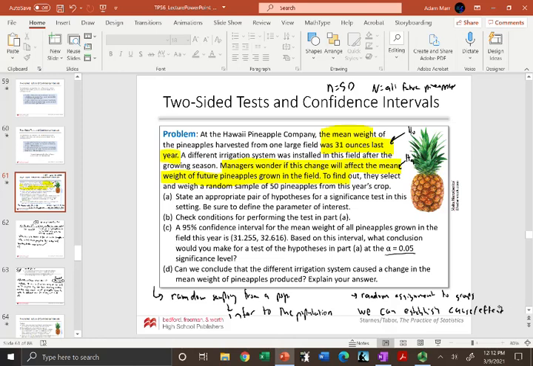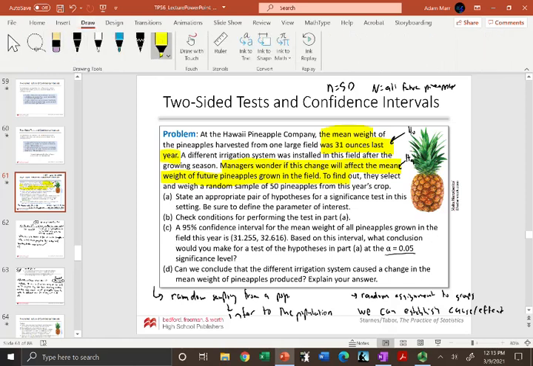Now, what they're asking right here is, can we conclude that this different irrigation system caused a change in the mean weight? So we have to see, was there random assignment to groups? Does not look like it. They're not comparing it to a typical irrigation system at all.